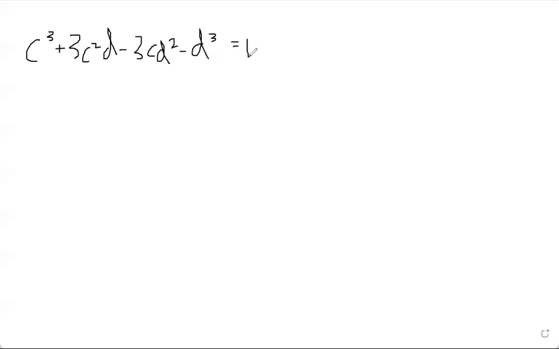How do we solve this? Well, it turns out c minus d divides this side. This is c minus d times c squared plus 4cd plus d squared.